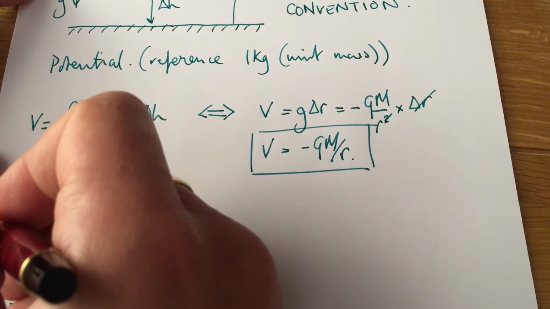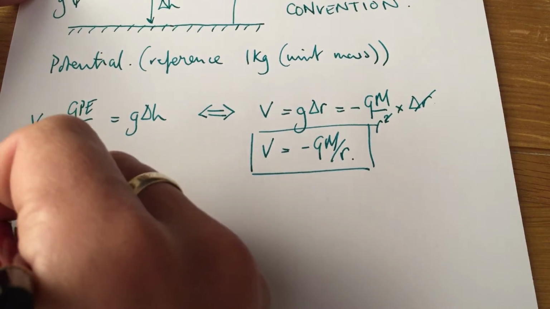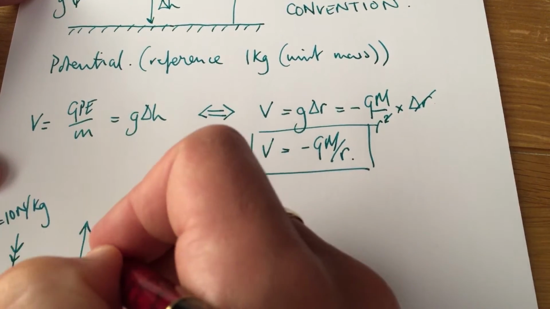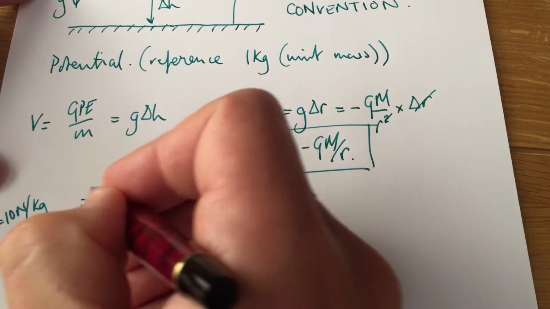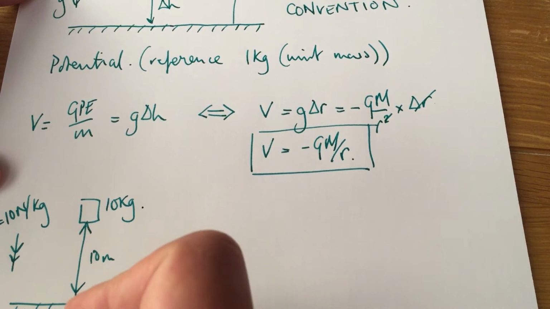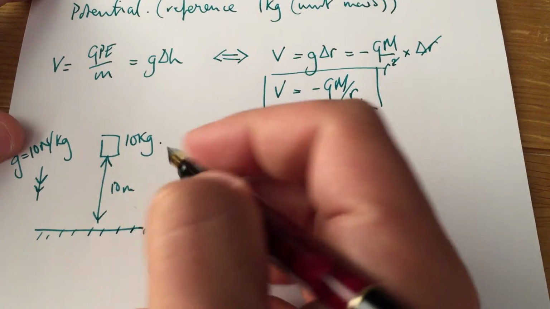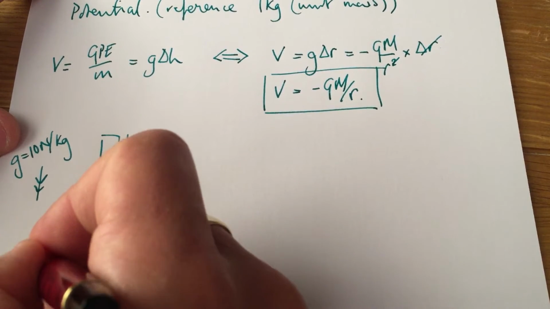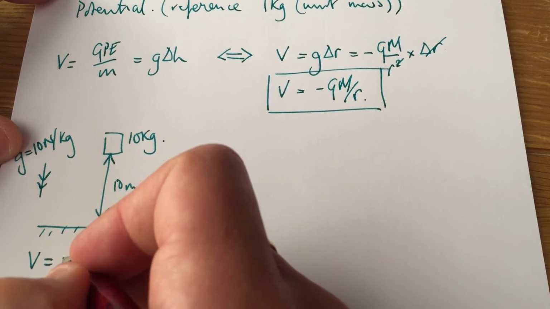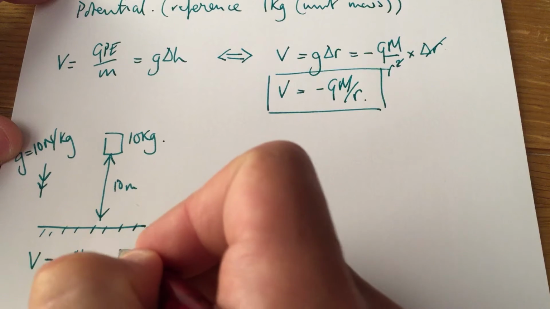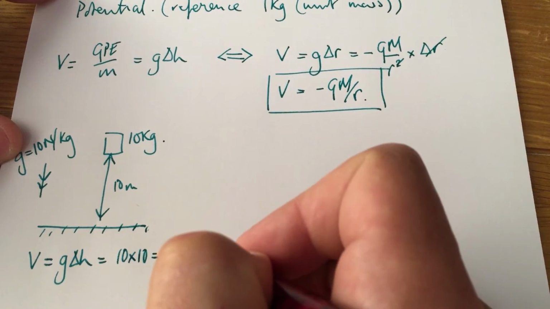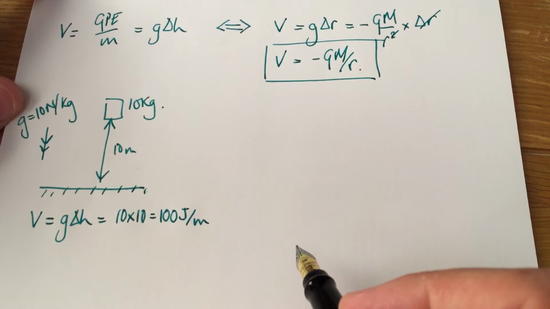Let's say in this instance g is 10 newtons per kilogram, I've gone 10 meters and I've got 10 kilograms. So in the first instance, if this were a uniform field, my potential would be g times change in height, 10 by 10, giving me 100 joules per kilogram.